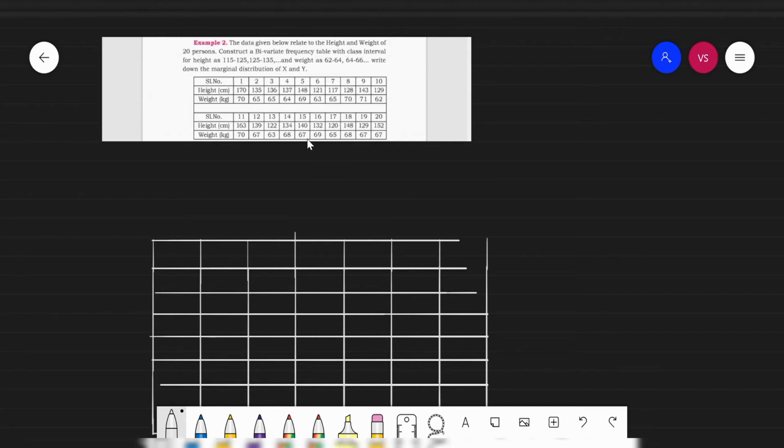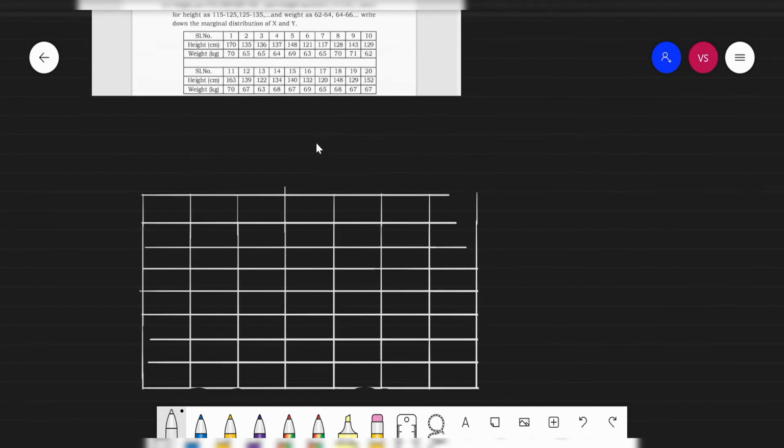Okay, so now a table is ready for us. What we do is, let's identify first. Once you identify certain values, then it will be easy for us. So I'll take the first variable, heights. For heights, let us start with the maximum value. What is the maximum value for heights?